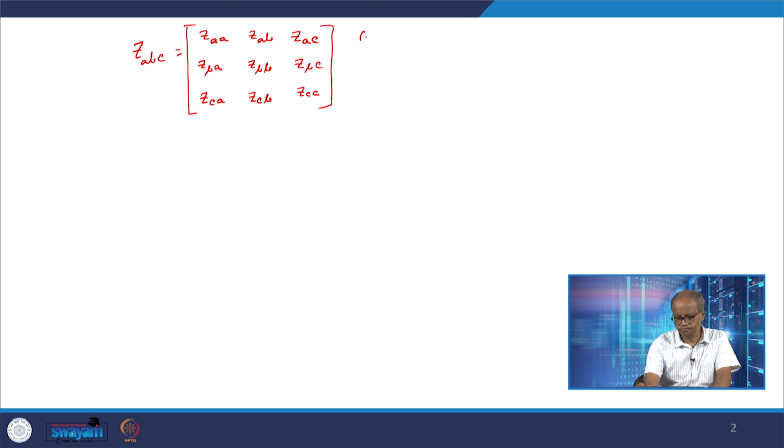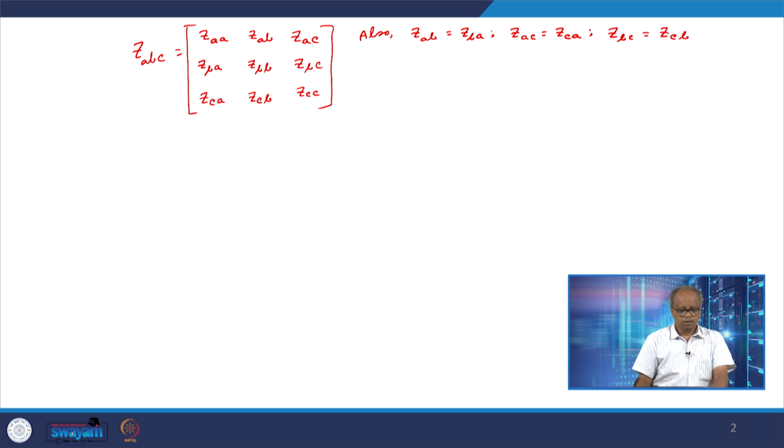Also, because this matrix is symmetrical, therefore ZAB is equal to ZBA, ZAC is equal to ZCA and ZBC is equal to ZCB.